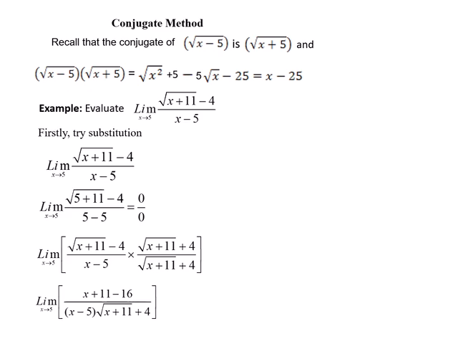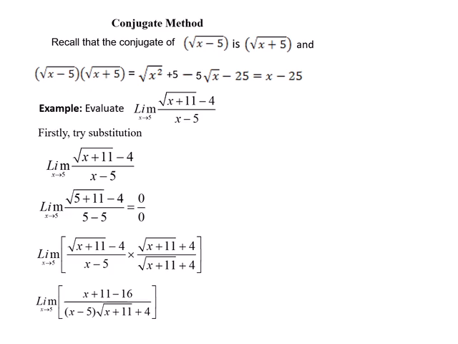It is a fraction, so you multiply by the conjugate. So we now have square root s plus 11 minus 4 all over s minus 5, multiplied by the conjugate.